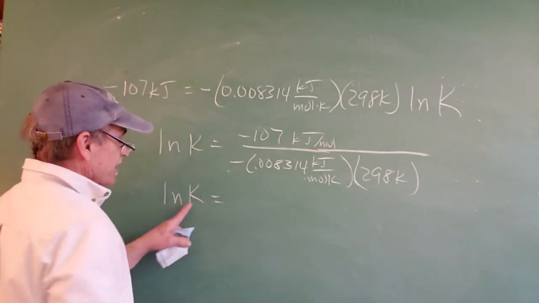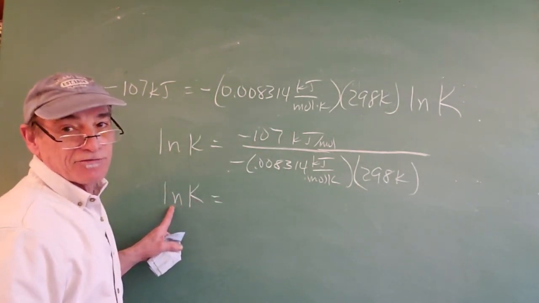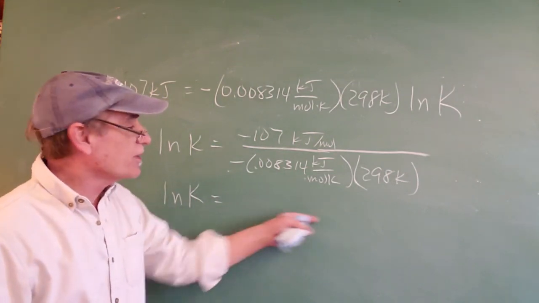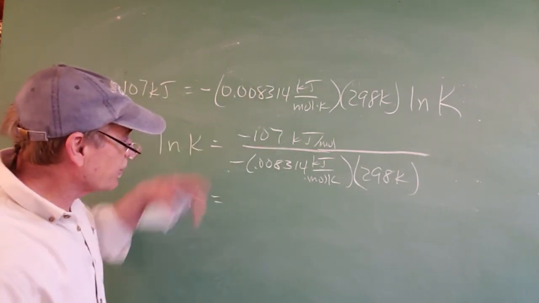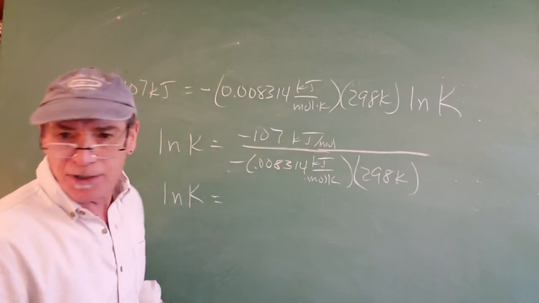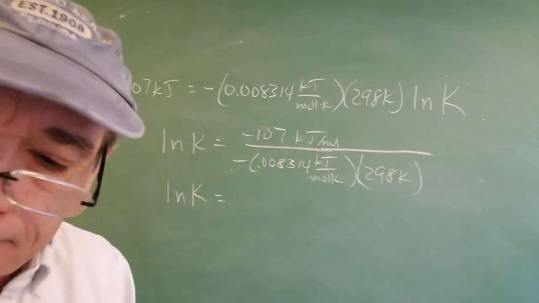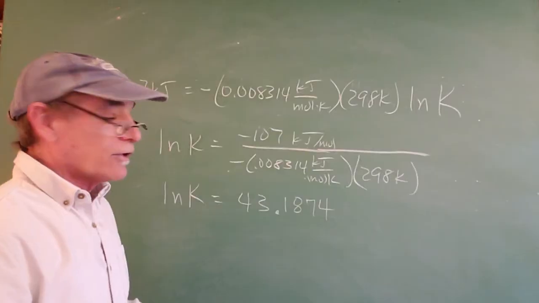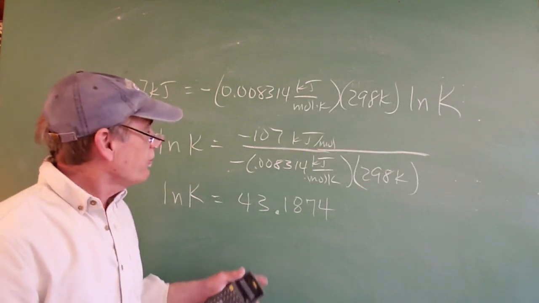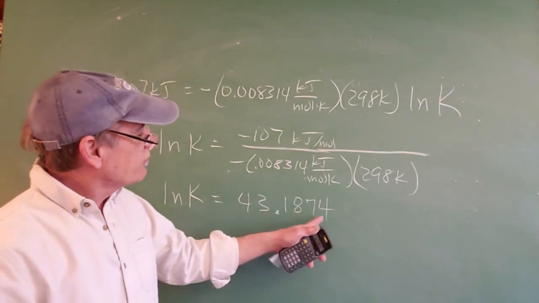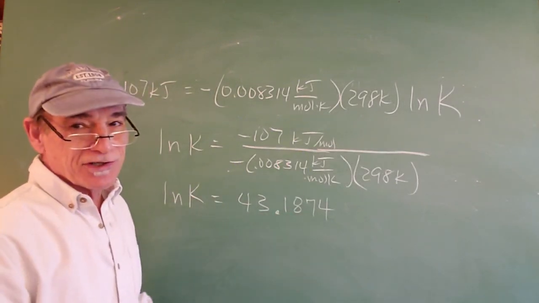Let's crunch everything on this side, because in order to find K, we're going to have to take an inverse log, take e to whatever this number is. Note that the two negative signs have canceled out. Let me get my calculator here. The answer comes out 43.1874. I carried some illegal significant figures there.